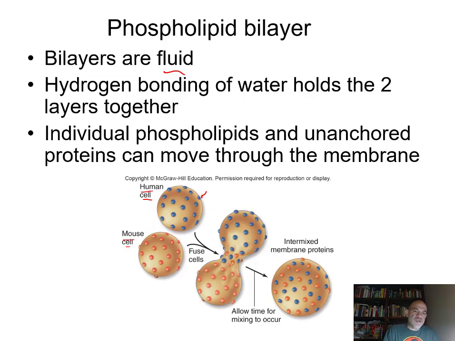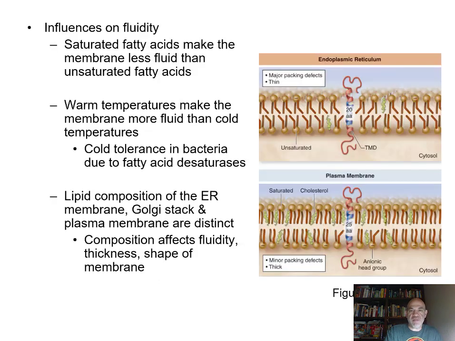If you were to combine the two cells, the two membranes can fuse because the membrane is fluid. As they fuse together, those human and mouse proteins, if given enough time, begin to spread out and move about randomly. This is indeed seen, and it provides evidence for the fluid mosaic model that we have been talking about.